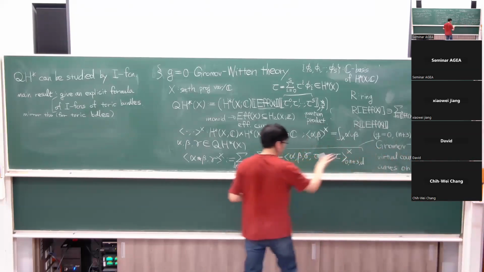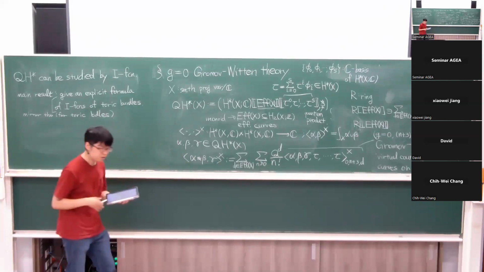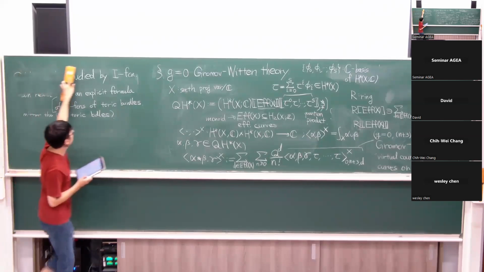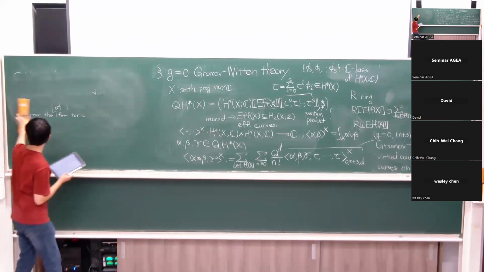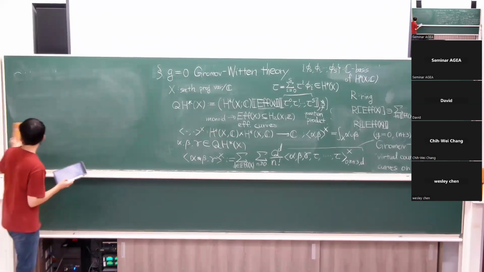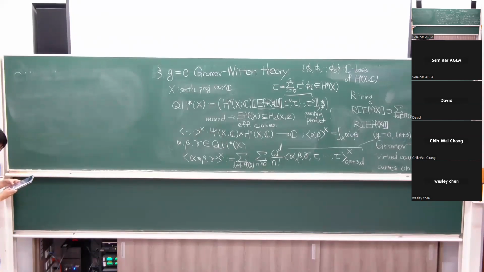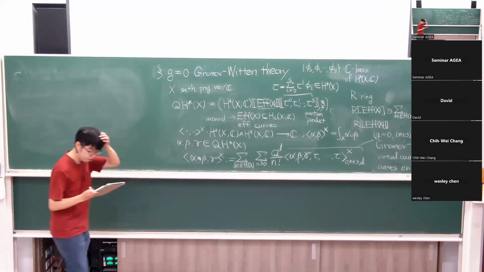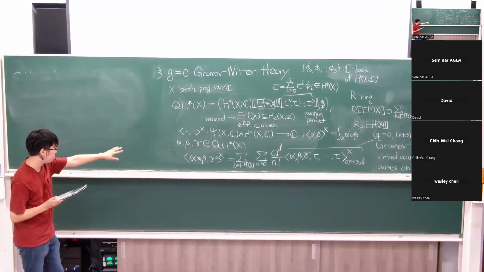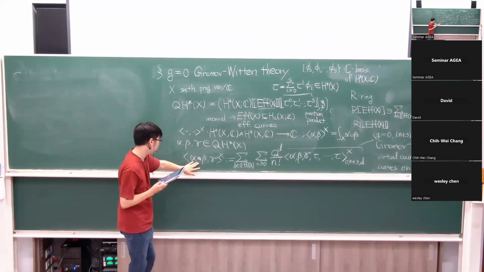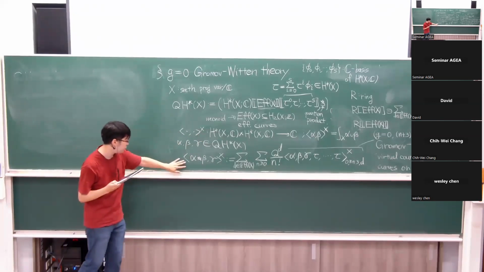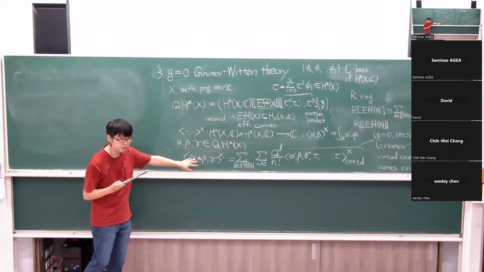I'll explain using an example, okay? Yeah, I will give an example later. Anyway, this is the definition of quantum cohomology and quantum product. Note that this pairing is non-degenerate, so by this formula, alpha star beta is determined.